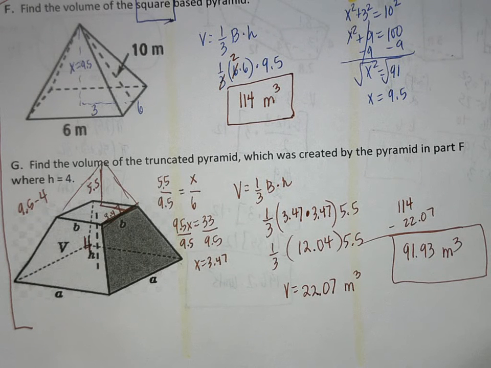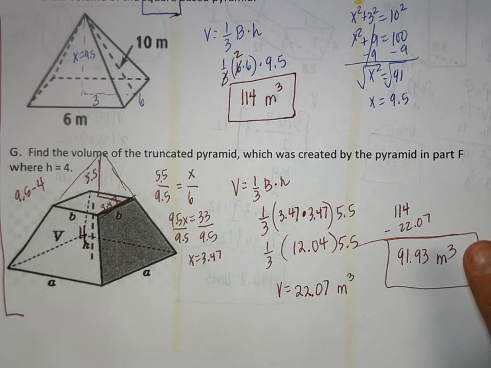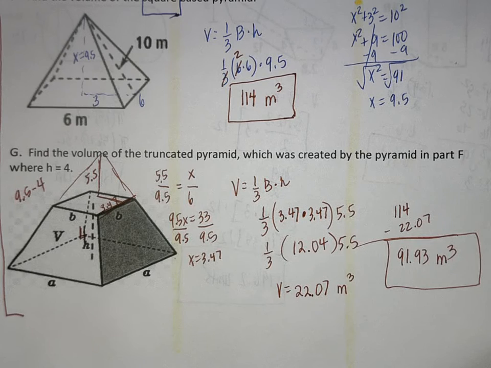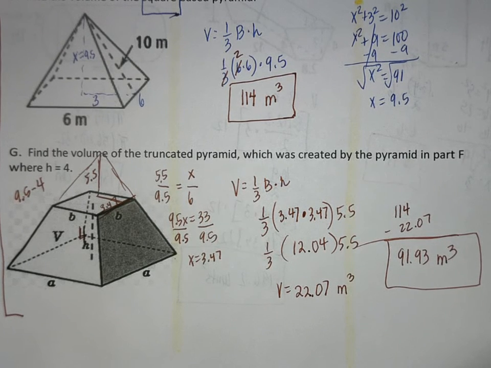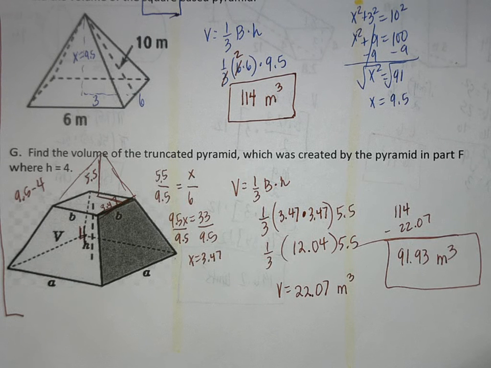Okay, do we have any questions before moving on? No? Where does the 114 come from? Our original, the big figure. Oh, okay. Okay, any other questions? Serena, do you have a question? What do you get 33 from?